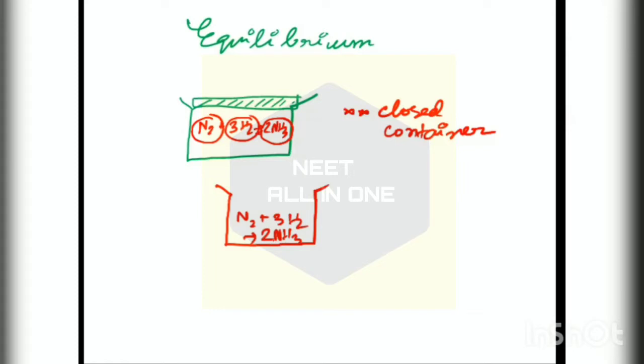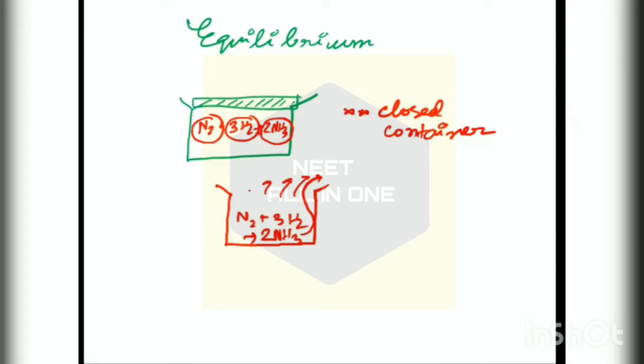NH3 is also gas. So if they are reacting and forming ammonia, because it's a gas, it will go out, right?